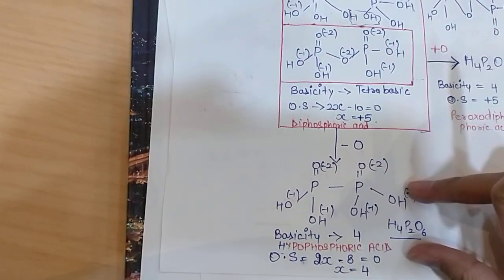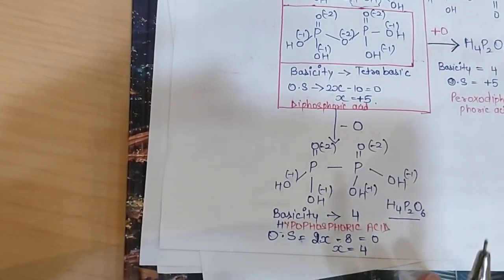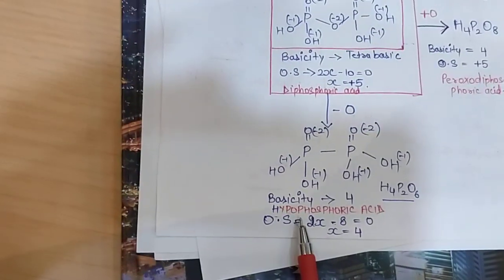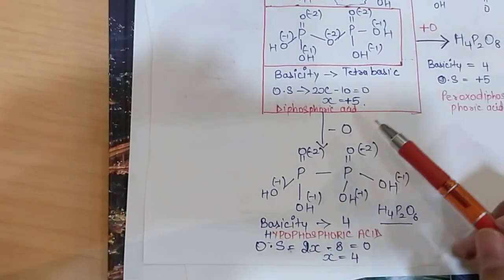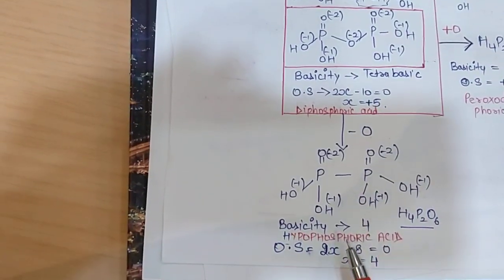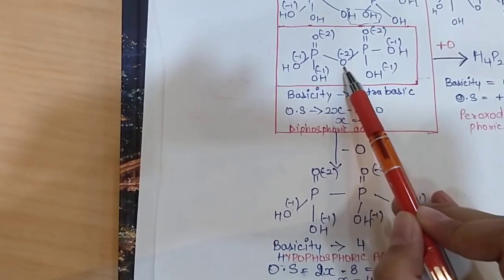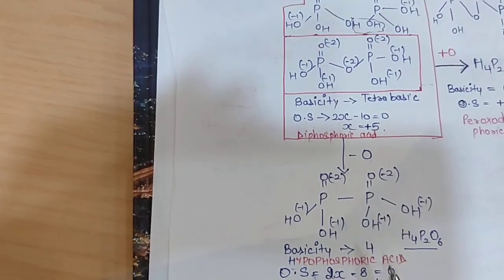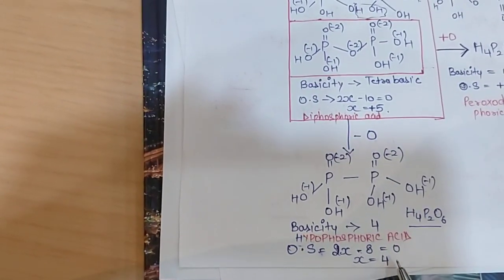This is the only difference between hypophosphorus and hypophosphoric acid: hypophosphorus acid was generated from phosphorus acid by the removal of oxygen, and hypophosphoric acid is generated from diphosphoric acid by the removal of oxygen. Here we are removing the central bridging oxygen, and P will be bonded directly to P, and we'll calculate the oxidation state, which comes out to be 4.